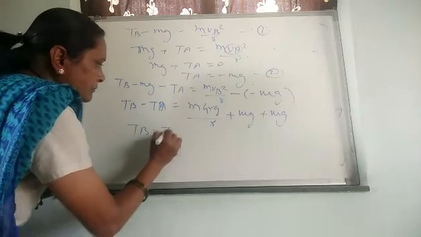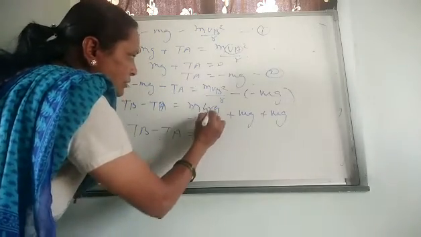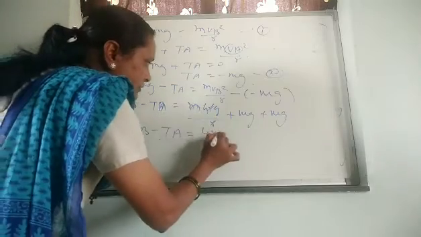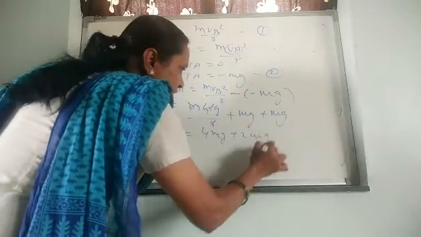Then again Tb minus Ta is equal to 4mg plus 2mg.